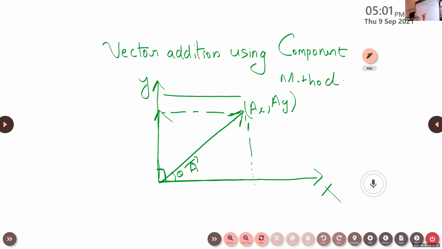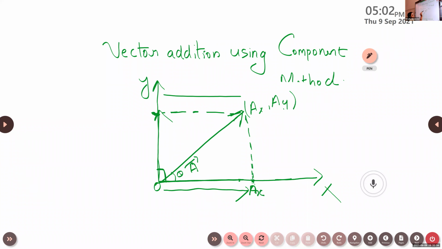AX represents the length in the x direction, from 0 to this point. Similarly, the coordinates of vector A are given by AX, AY, where the corresponding point is marked as AX.